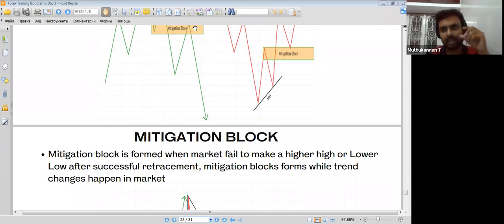Just target 200 points. Don't look for 400. Yes, you can look for that, but in the beginning stage, restrict yourself to 200 points, 20 pips, and put only a $20 account, $50 account. Open only a $50 account. Don't crazily invest like $100, $200. That is not okay, right?